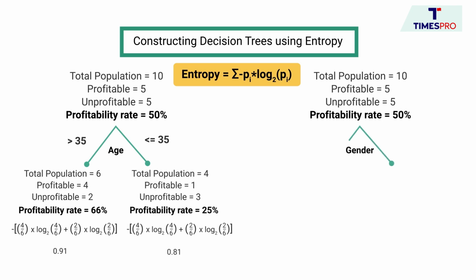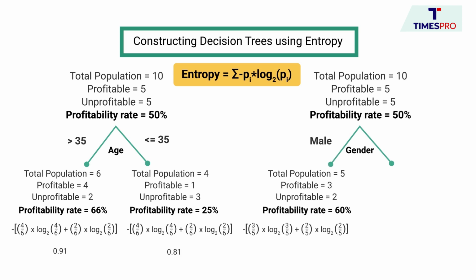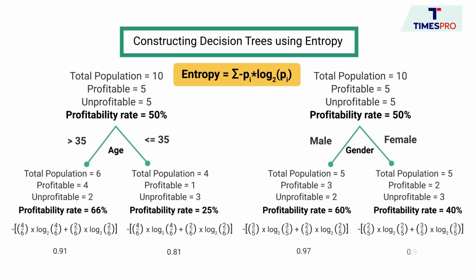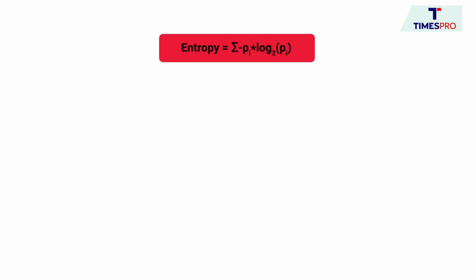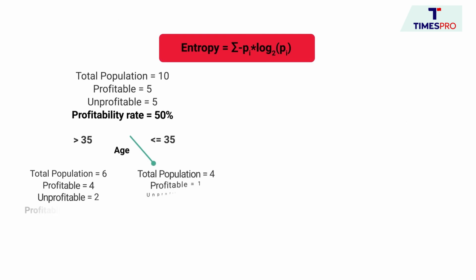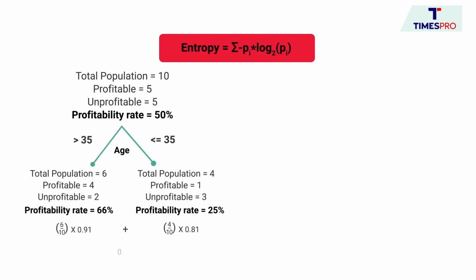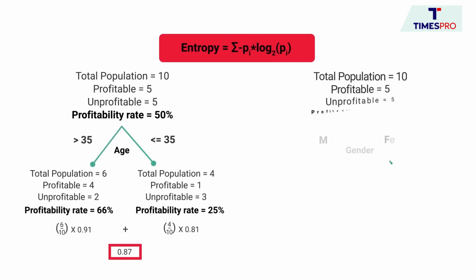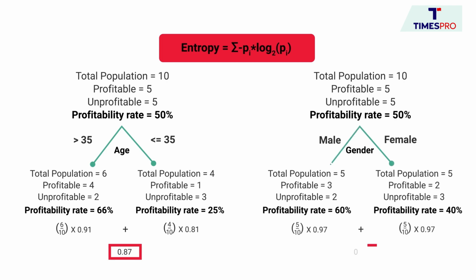When splitting on gender, for male we get an entropy score of 0.97, and for female we get 0.97. Calculating the weighted entropy scores, for age we get 0.87, and for gender we get a score of 0.97.